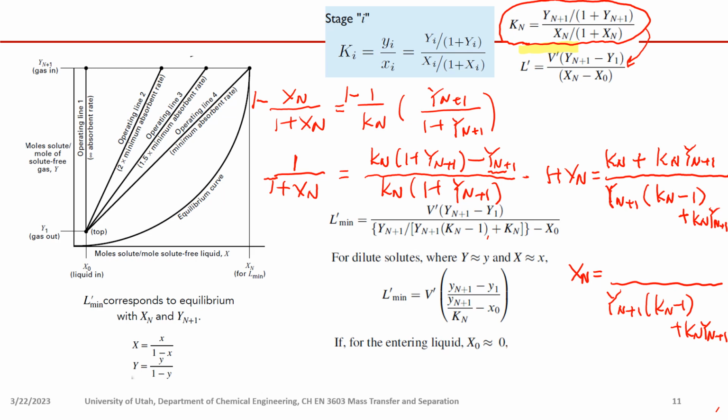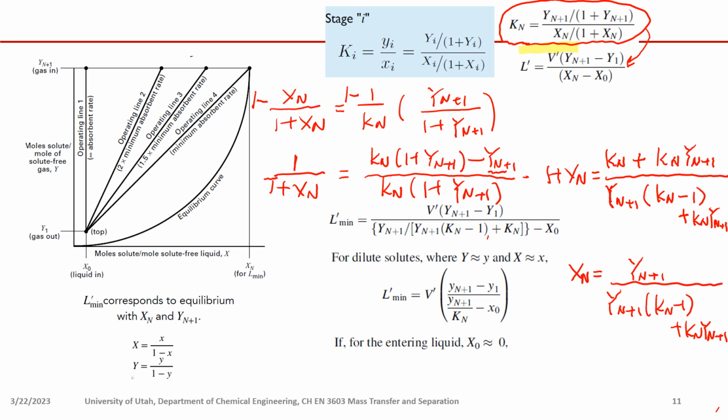Okay, so we're going to have kn plus y multiplied by yn plus 1 minus that's going to be cancelled, and so we're going to have yn plus 1.